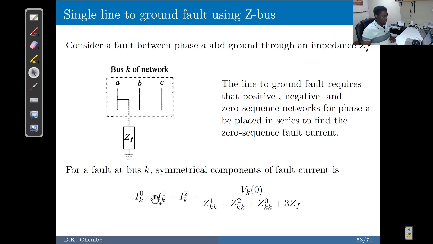So this is zero sequence, positive sequence, negative sequence, which is going to be equal to VK over Z1KK plus Z2KK plus Z0KK plus 3ZF. These are impedances that you are going to find per symmetrical sequence.